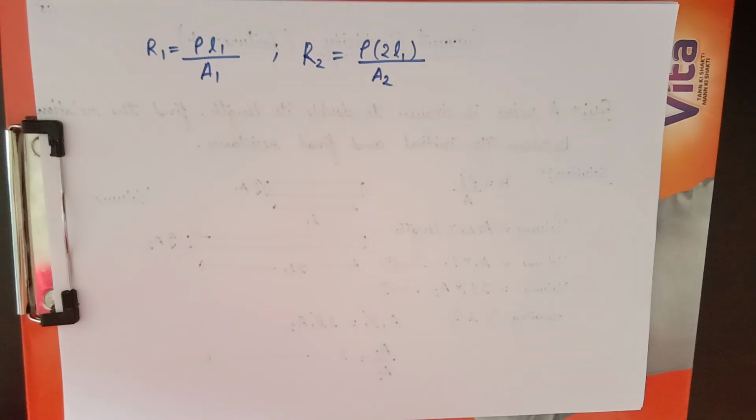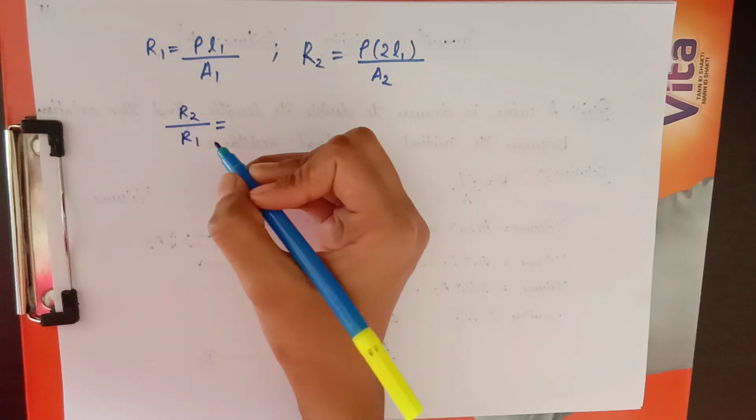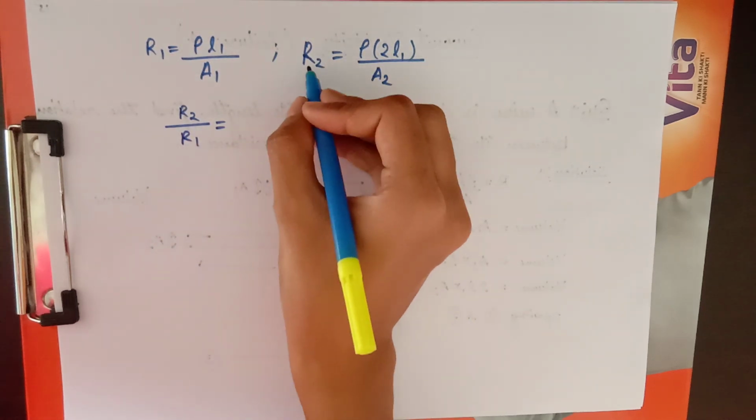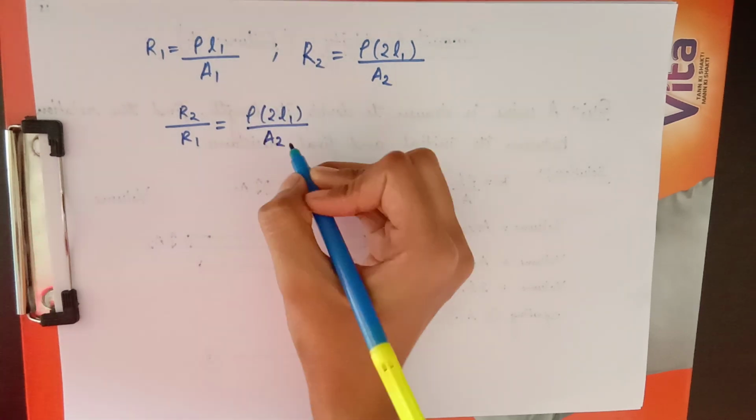As the question is to find the relation between new resistance and old resistance, R1 can be written as rho L1 divided by A1 and R2 can be written as rho 2L1 divided by A2. As the resistivity remains same, in both cases rho is same. Now I will take the ratio of these two, R2 divided by R1.